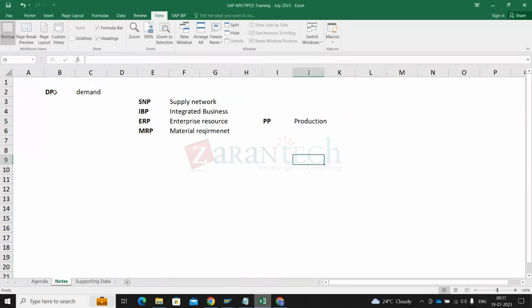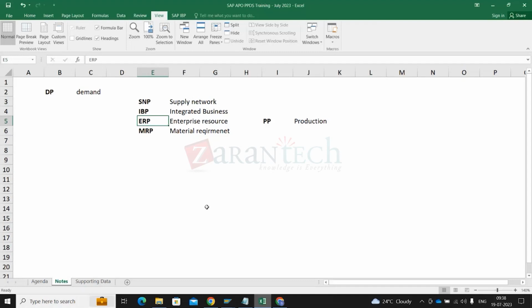You got the difference, right? Similarly ERP and MRP also. Before SNP or IBP came into the picture, our software itself we used to call ERP 6.0, the predecessor of SAP S/4HANA, which we called ECC or ERP. By concept, ERP means enterprise resource planning.